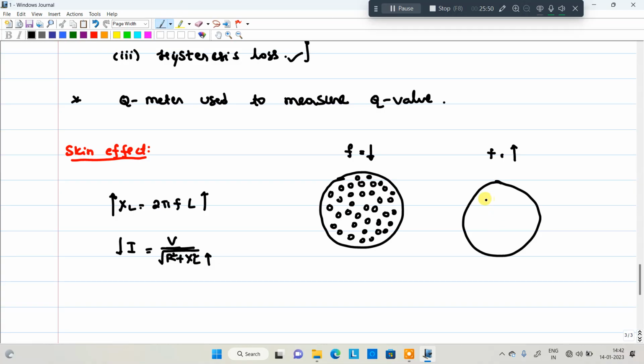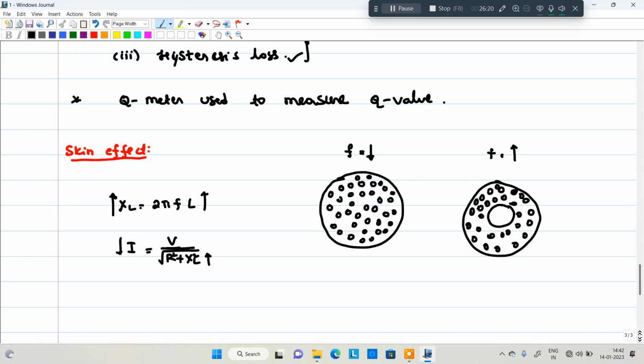That means no current flows through the center; the entire current flows near the surface. That's why it is called skin effect. Internally there is no current flowing; only on the outer side does current flow. At the center of the conductor there is no current flowing, so that material is wasted. This effect is called skin effect.